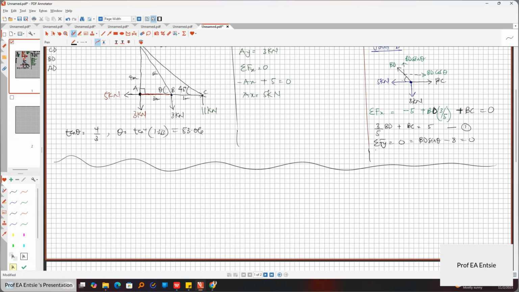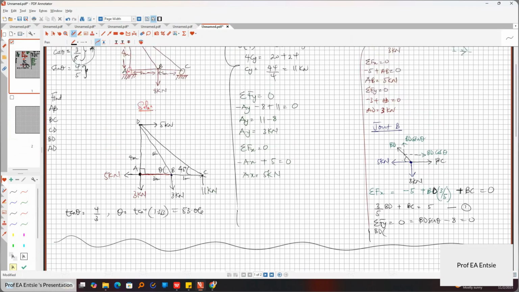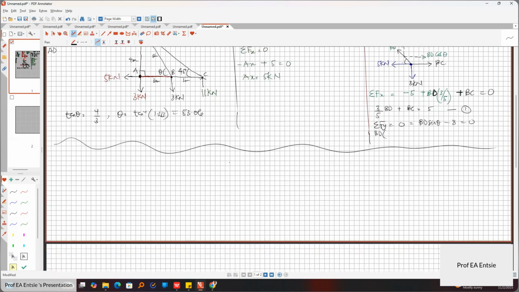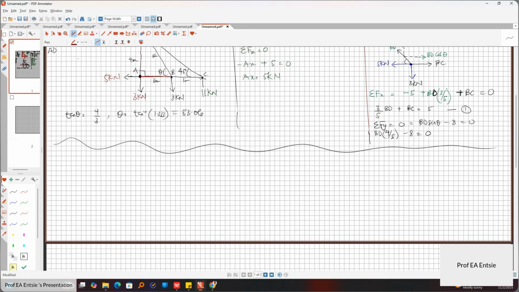So if I have this, it's the same as BD. What did I say sin theta is? If you check the 5-4-3 triangle, sin theta will be 4 over 5. Yes, 4 over 5. So times 4 over 5 minus 8 is equal to 0. It means that finally I will get 4 over 5 BD is equal to 8.